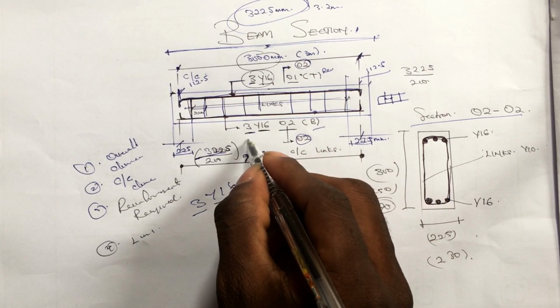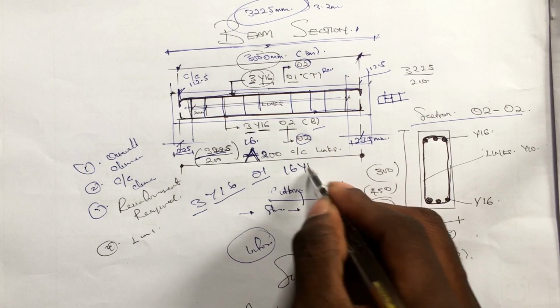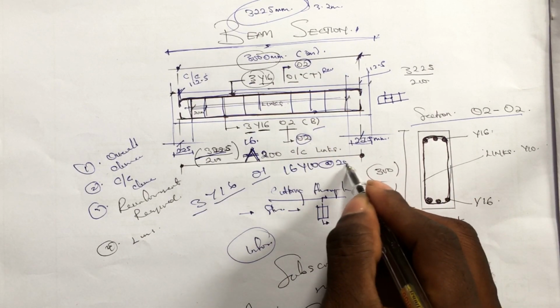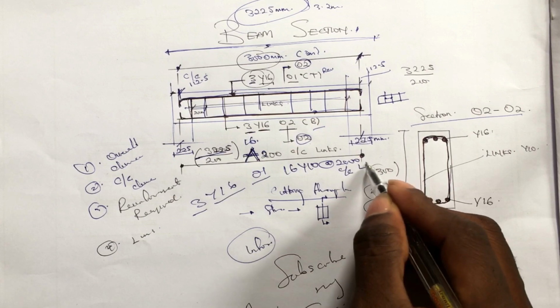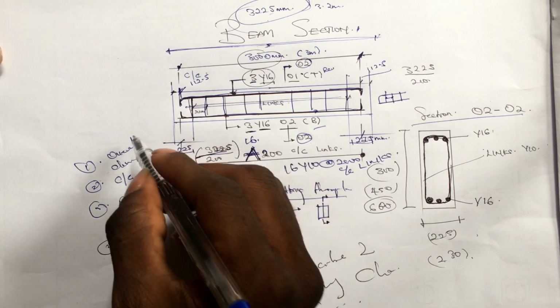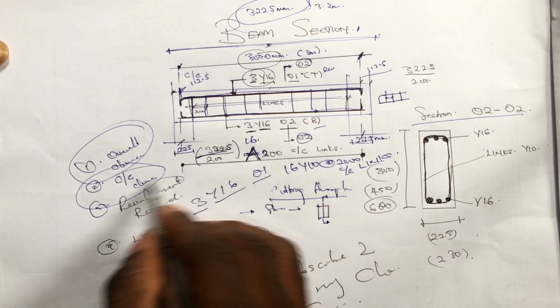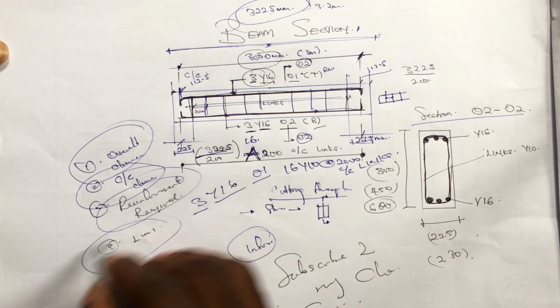So if we're actually needing 16, that means we need 16 of Y10 at 200 center to center for the links. So that is just the normal basics here. So the first thing we actually know is the overall dimension, the center to center of the dimension, the reinforcement needed. Now we've talked about the links.